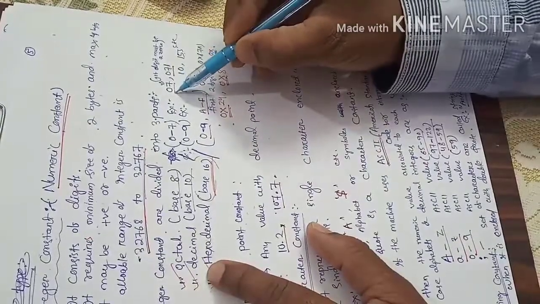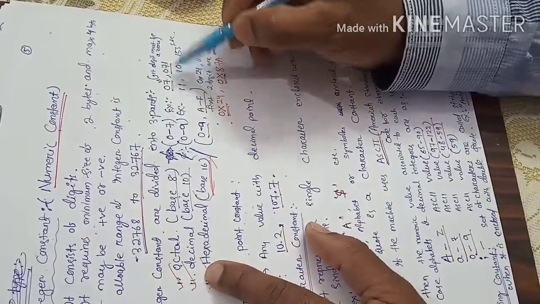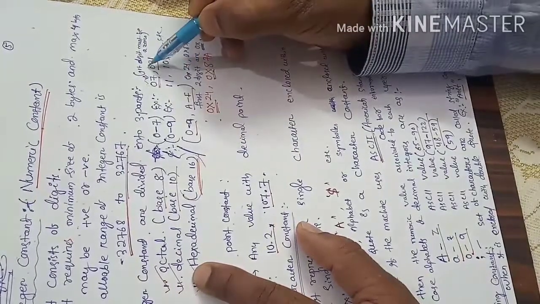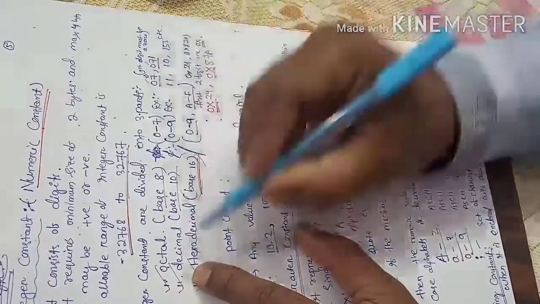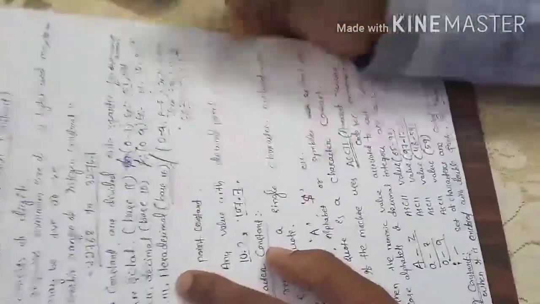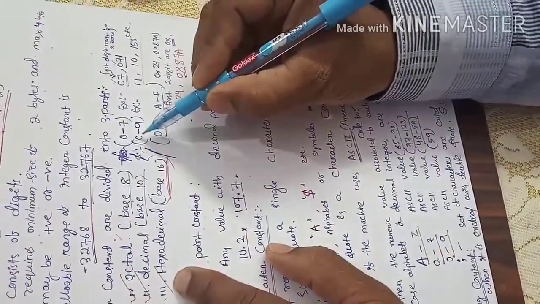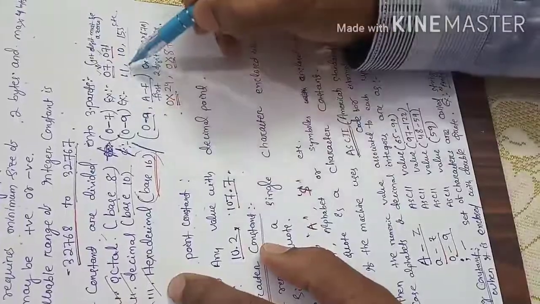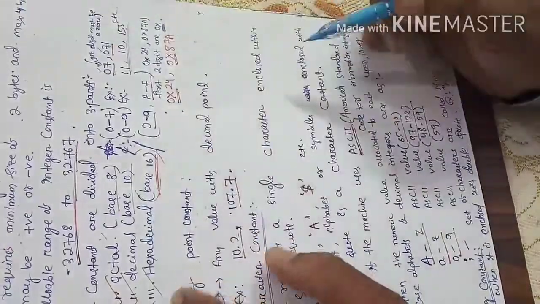For example 07071, like this. The first digit must be a 0 in octal. In decimal, that will be complete numbers, any numbers between 0 to 9. By using 0 to 9 we can write any number, that is decimal.